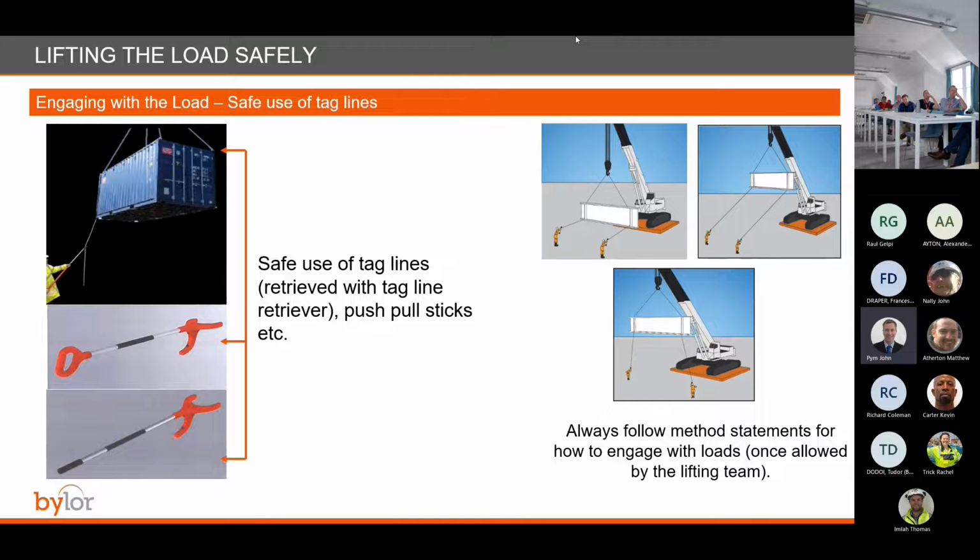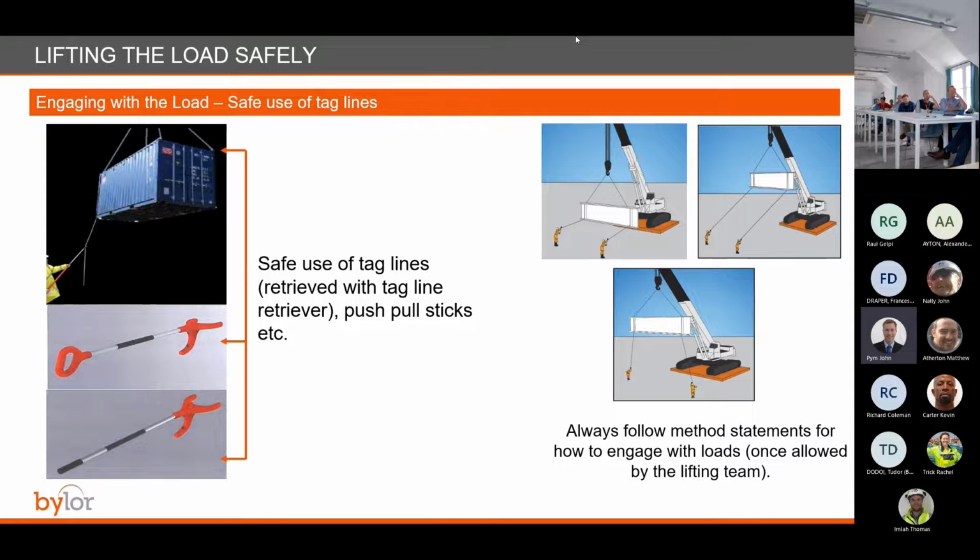And again, not the most exciting innovation you ever see, but things like tagline retrievers and push-pull sticks keep yourself away from that load. At Hinkley, as at other sites, we are a safe site.